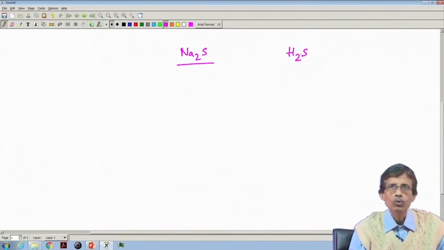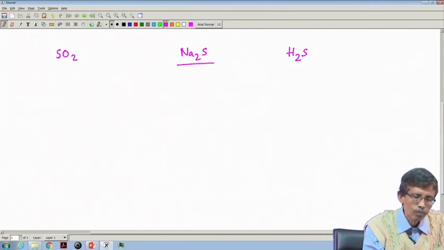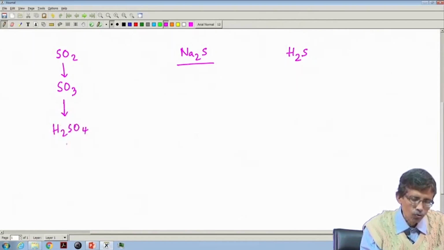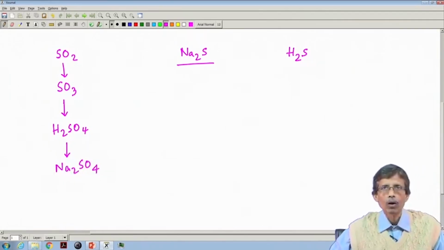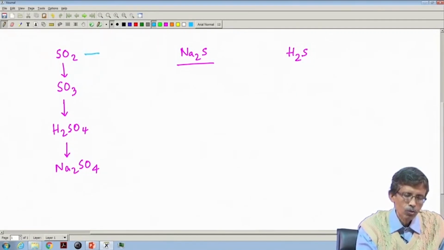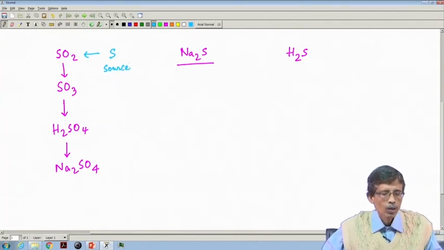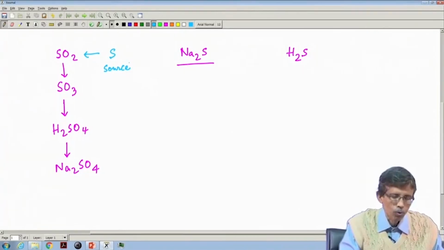But if we try to produce it from some other source, we know that SO2 gets oxidized to SO3, then we have H2SO4, then we can make its corresponding sodium sulfate salt. What you see here is that we got this from the natural sulfur source you have, so sulfur is getting converted up to this.